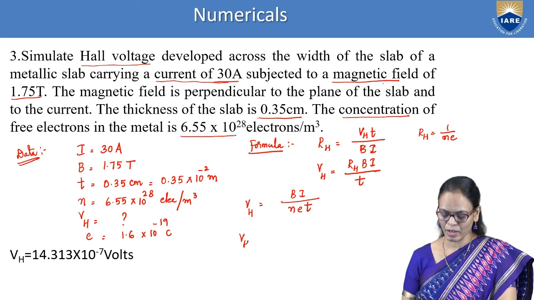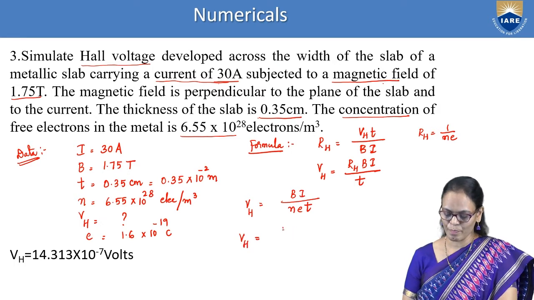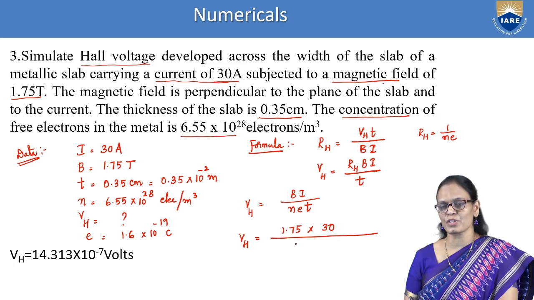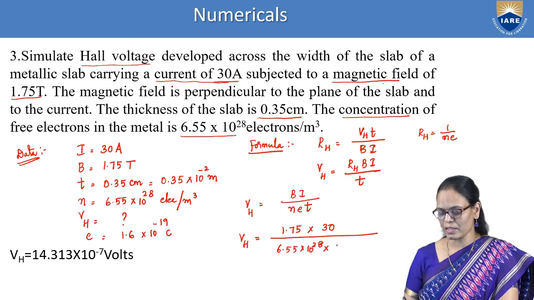So VH is equal to B, 1.75 Tesla, current 30 ampere, upon N, the concentration of free electrons, 6.55 into 10 power 28, and E, 1.6 into 10 power minus 19, into T, the thickness, 0.35 into 10 power minus 2.